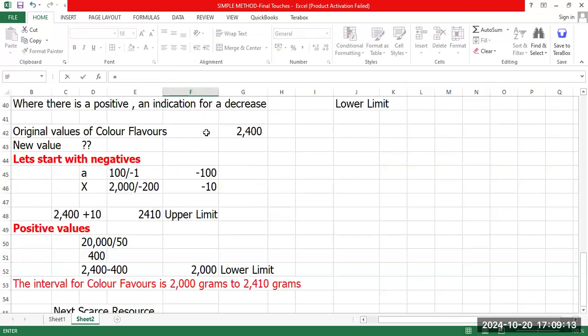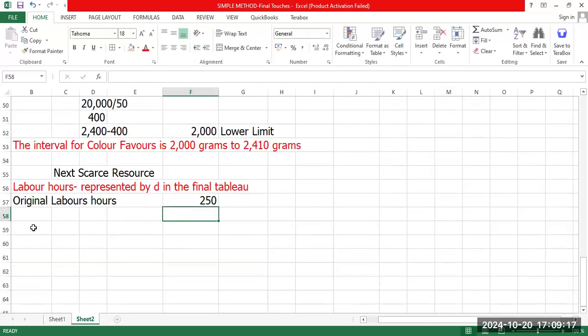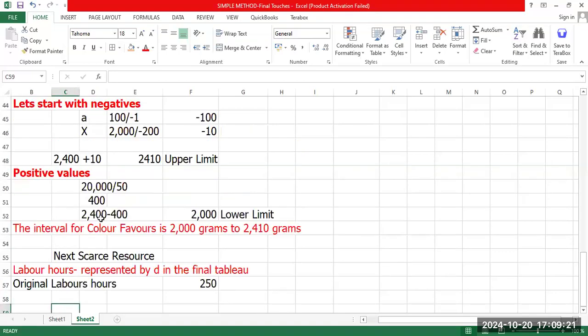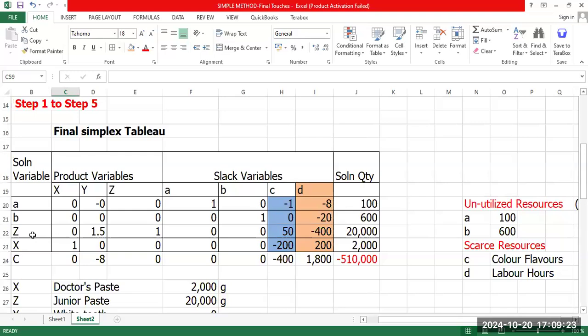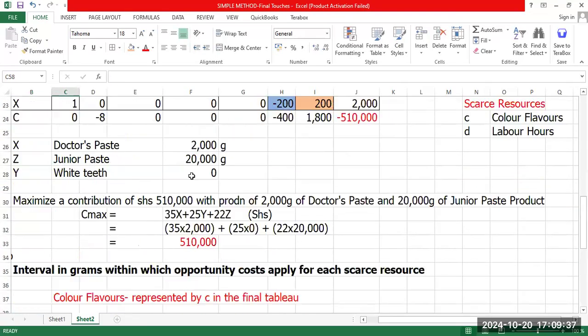It is 250. Okay. So let's start with negatives and see. We have A, B, and Z.